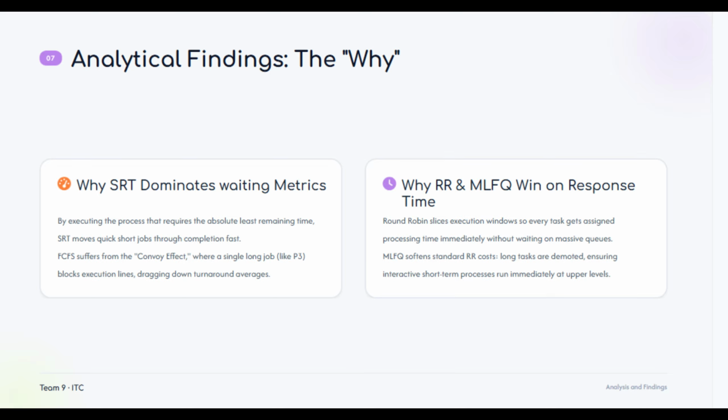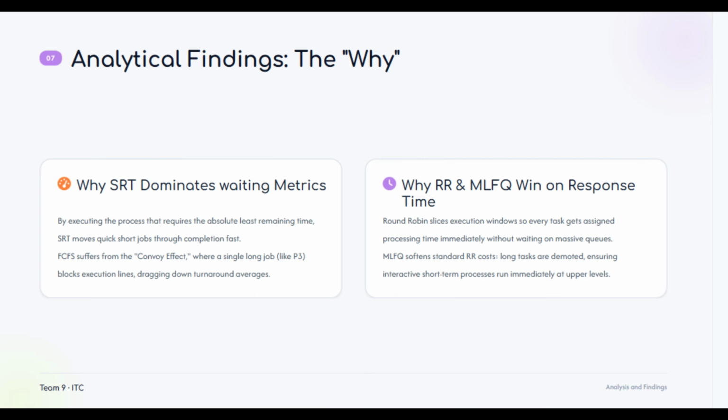On the other hand, FCFS suffers from what is known as the convoy effect. If a long process arrives first, every short process has to wait until it finishes, which increases the overall waiting and turnaround time.